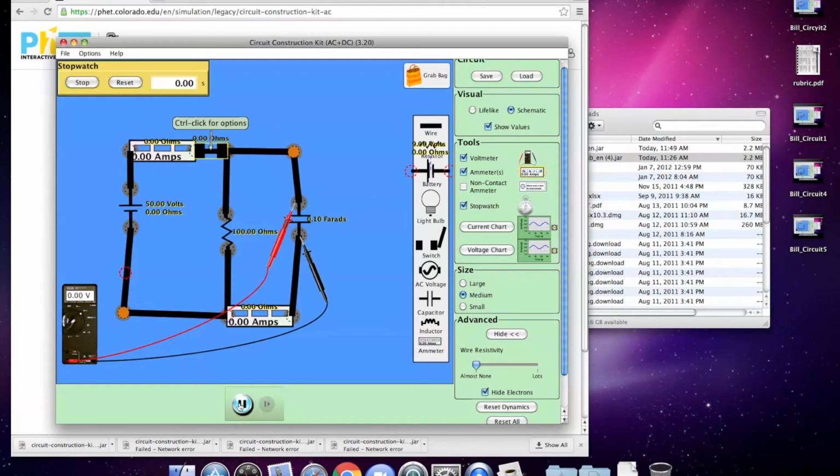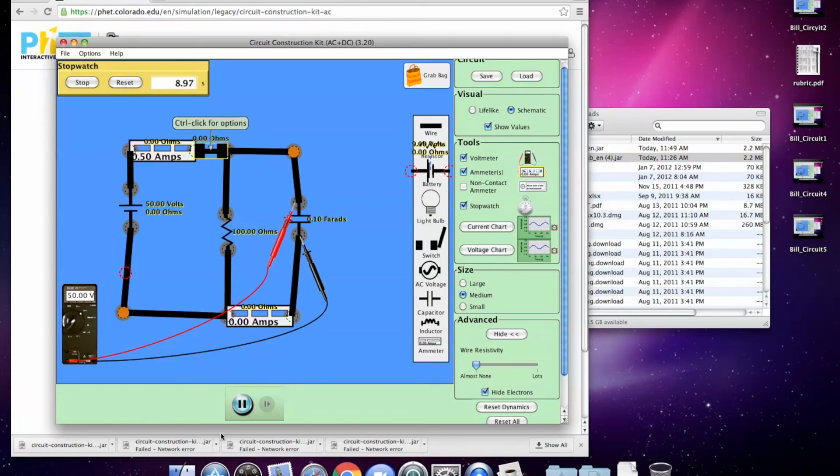So I hit play, and what I notice is that instantly the ammeter connected on the left-hand loop is at 0.5 amps. The ammeter in the right-hand loop is at 0 amps. You will also notice that the voltmeter is registering a 50 volt drop across the capacitor.